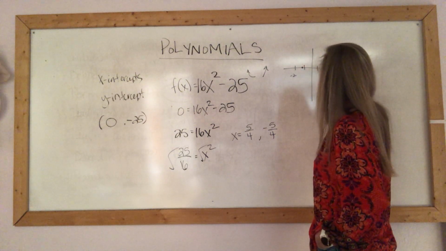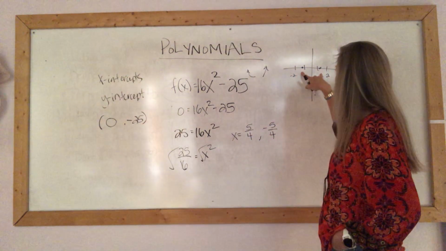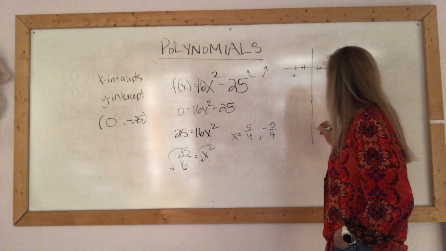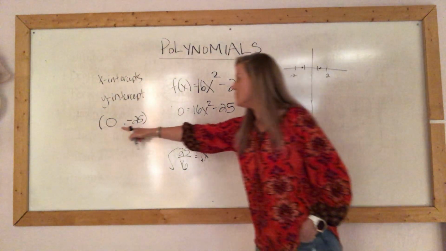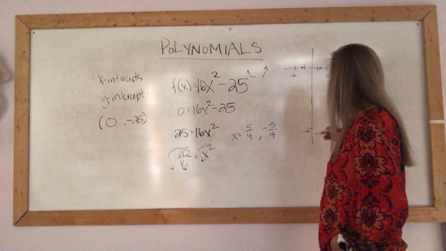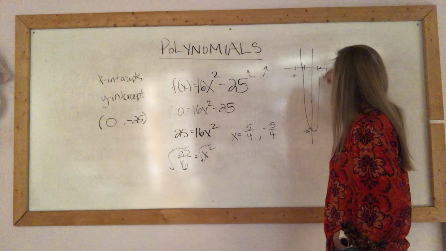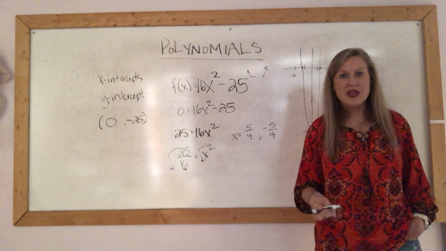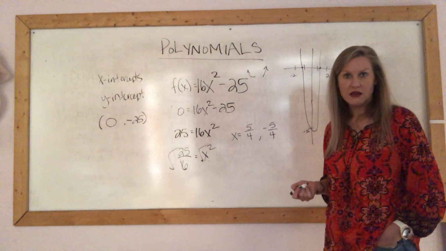So I'm going to hit the axis thereabouts. Somewhere down here, when x is 0 and y is negative 25, I'm going to hit the y-axis. I don't know exactly what he's going to look like, but that gives me a real good idea of what he looks like.